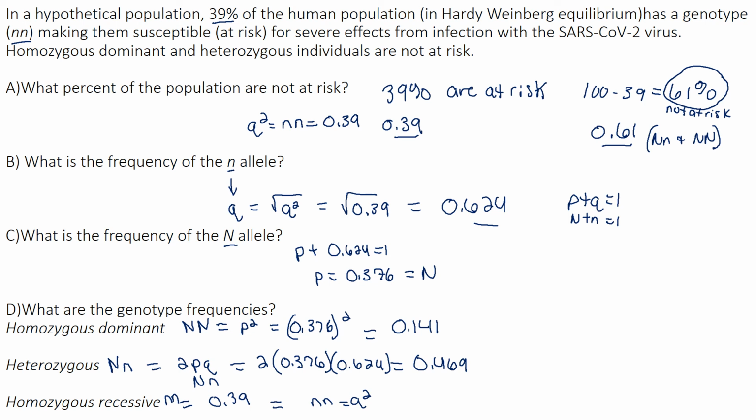So 0.141 plus 0.469 plus 0.39 should equal 1. That's going to come out very close to 1. All right, so we got through that one.